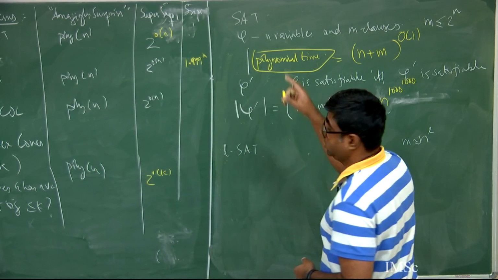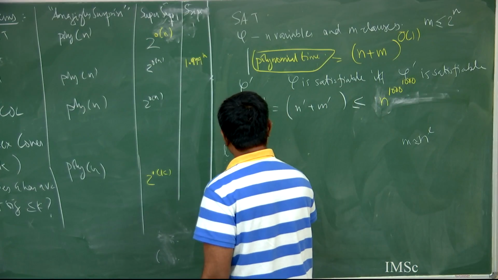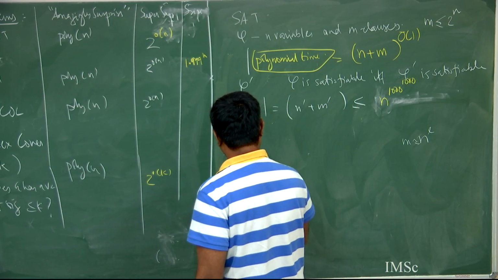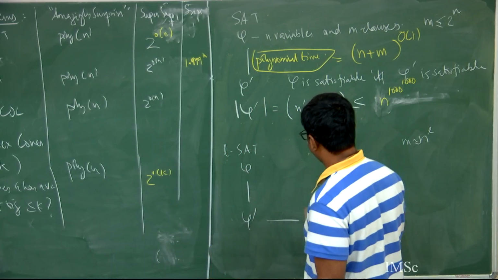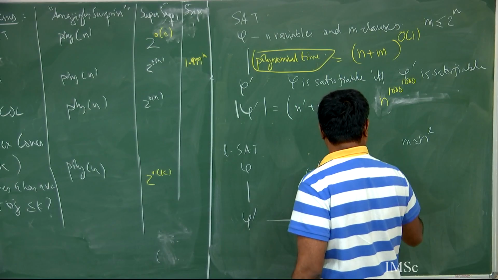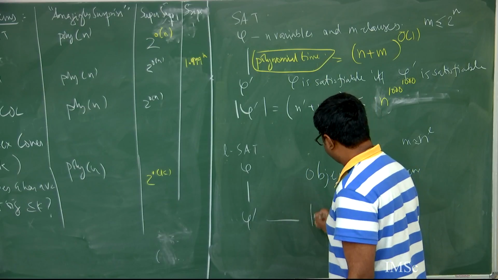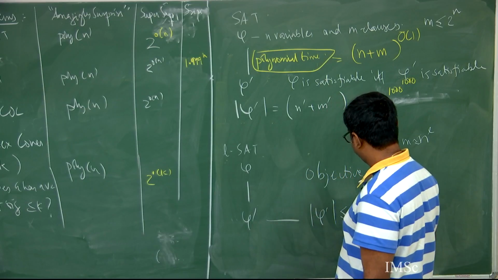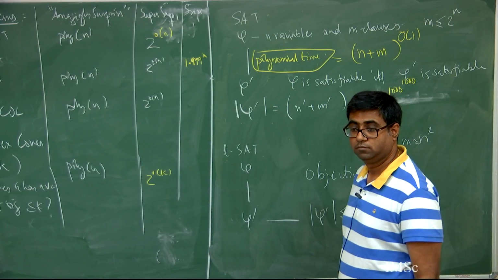For L-SAT, I want the same thing, but now I tell you what I want. I take phi, I get phi prime, but now all I want is that the size of phi prime is at most, say, n to the power L minus 1.